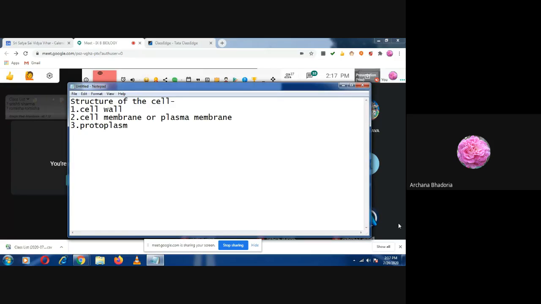So the third component of the cell is the protoplasm. Now this protoplasm consists of the cytoplasm, the nucleus, and the cytoplasm will have inside it the different cell organelles.